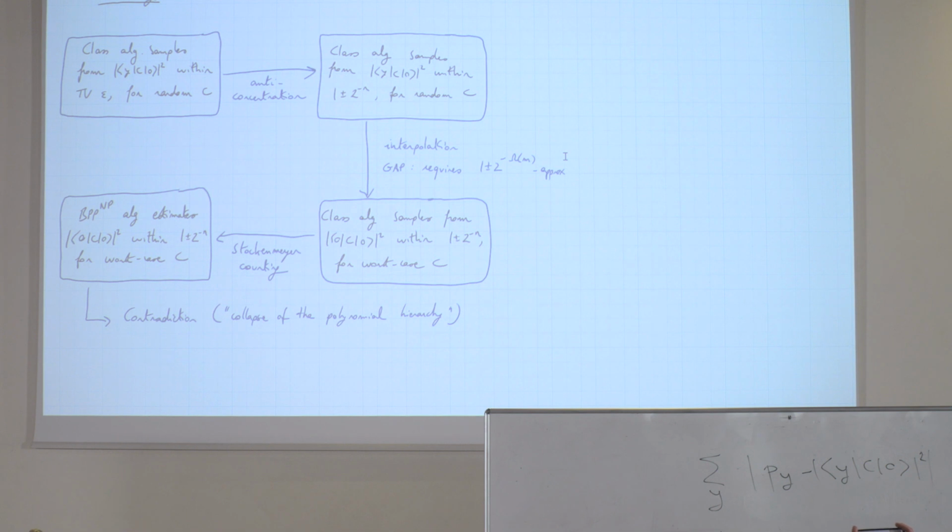Now we want to get rid of the random C part. For this, we use the interpolation argument that I described. We can show that if there's an algorithm that works for a random C, in fact there's an algorithm that samples from the output distributions with the same error for any C, including worst case C. But there's a gap here, because the best interpolation argument known at the moment only works for approximations that are more stringent than the ones that we're trying to rule out.